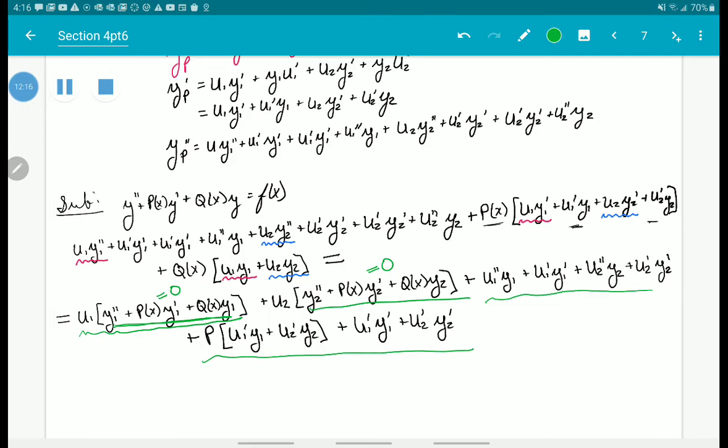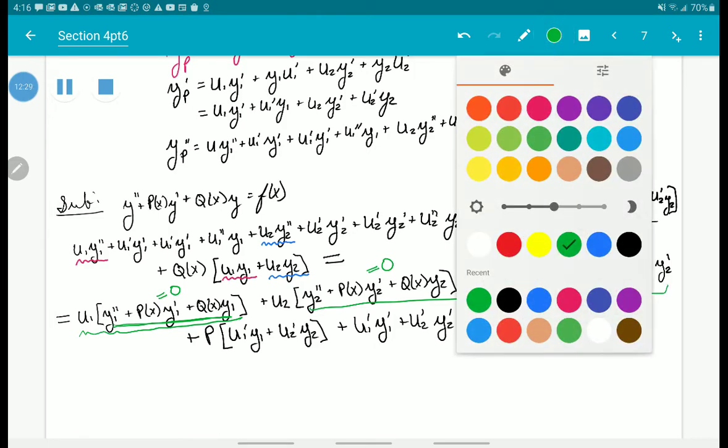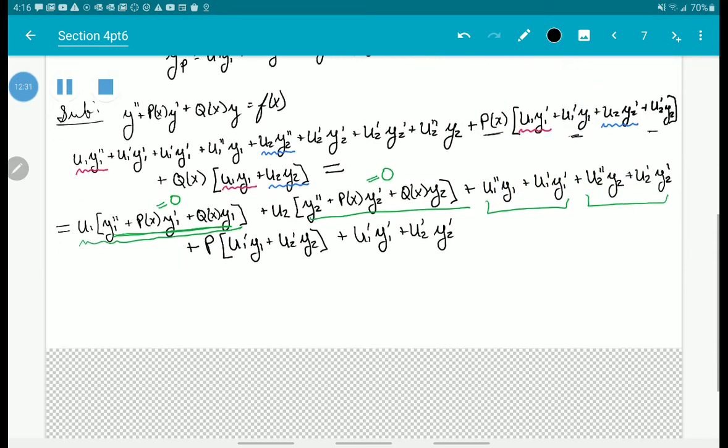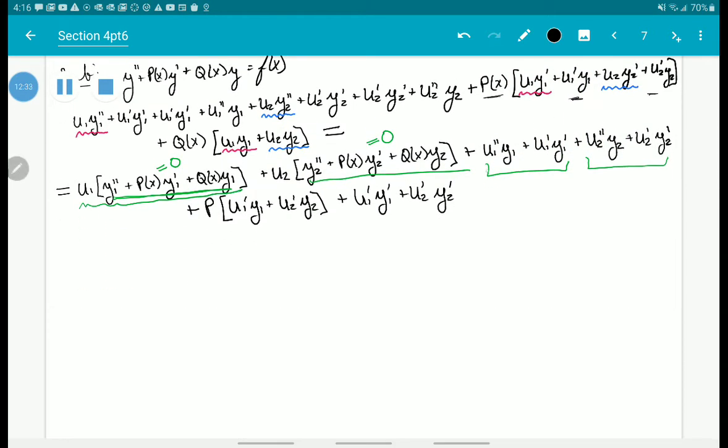But we can do some groupings here. We can group these two terms together and think about writing it in terms of a derivative. And then we can group these two terms together and think about writing them in terms of a derivative. So if we look at that first grouping here, we could rewrite that as the derivative with respect to x of u1 prime y1.